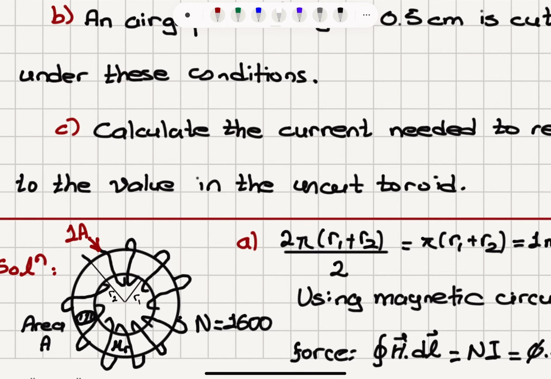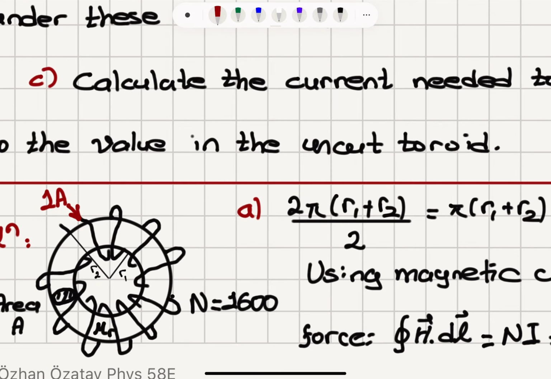Now in this toroid, if you use the right-hand rule, you can follow that the current is flowing like this. So it's basically on each winding pointing towards the center, as you can see here.